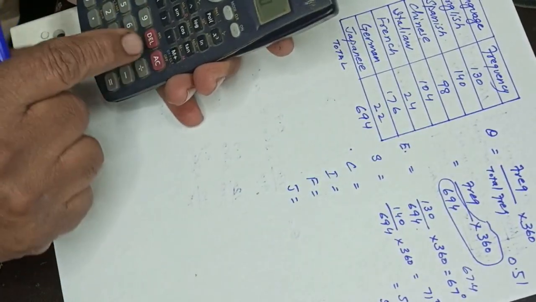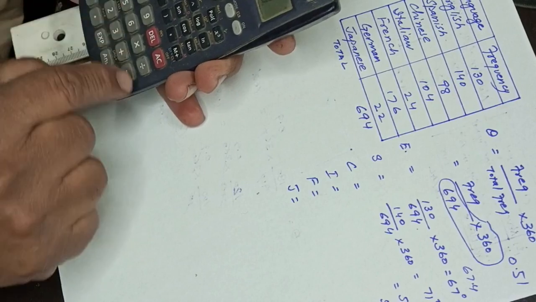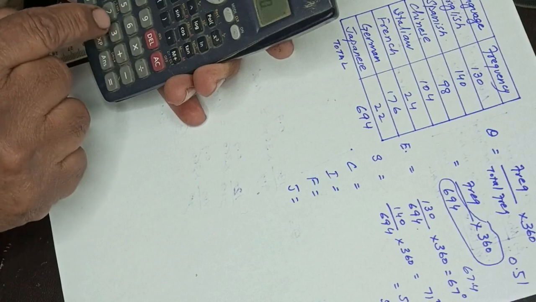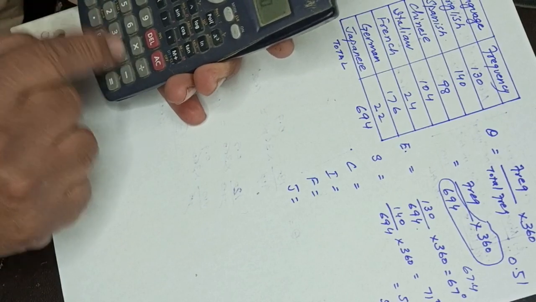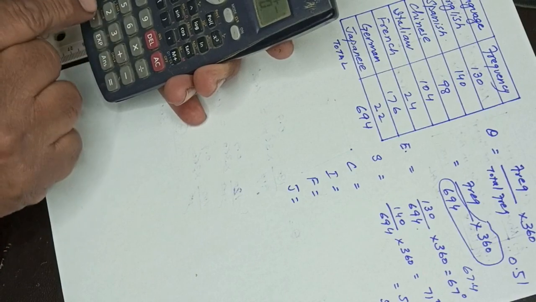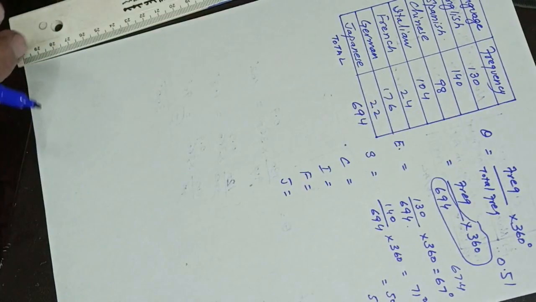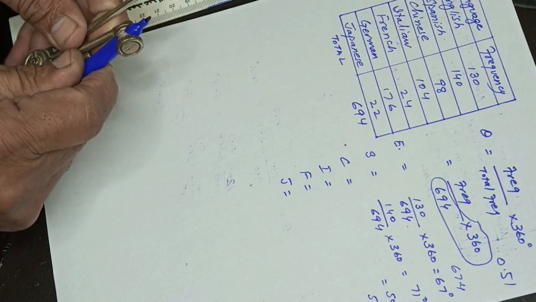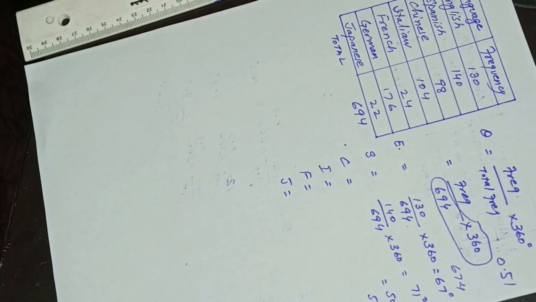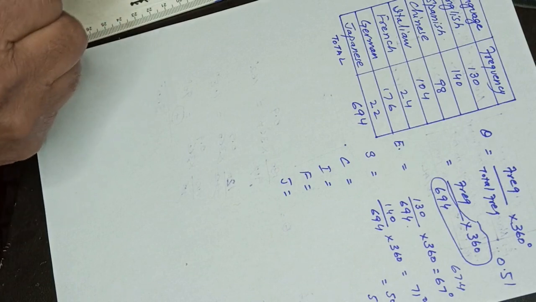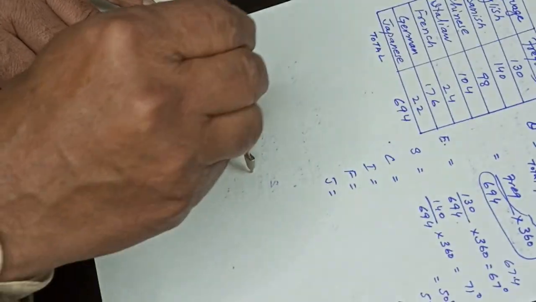So 67 plus 71 plus 50 plus 53 plus 12 plus 90 plus 11. Again, what we are going to do, we'll draw a circle for the pie diagram, a reasonable circle, not so big, not so small.